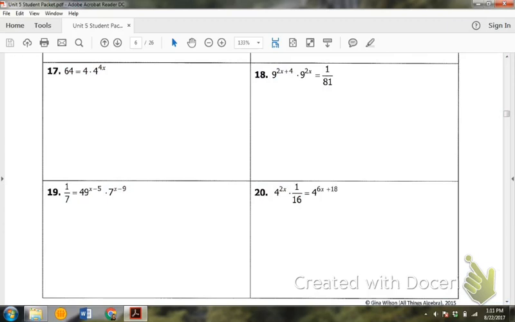So we're going to change this to 4 to the 3rd power. And then remember, what's the exponent of this first term? 1. And what do we do with our exponents when the bases are the same? Thank you, Crystal. We add them, right? So this is really 4 to the 4x plus 1.